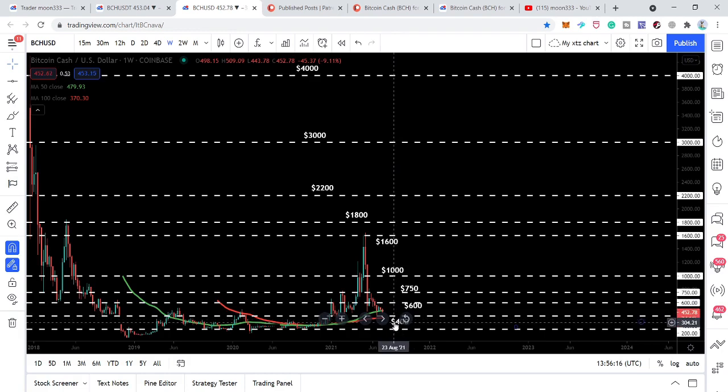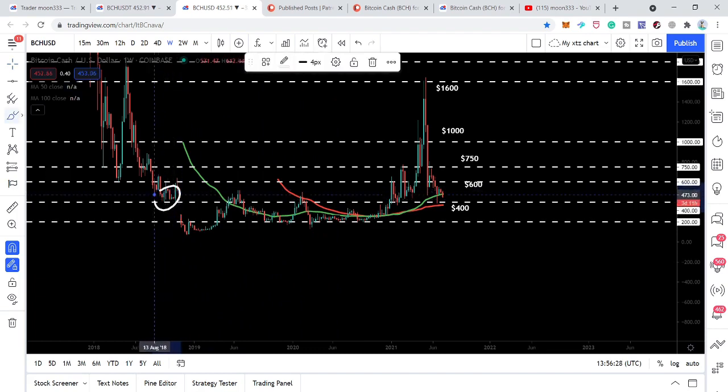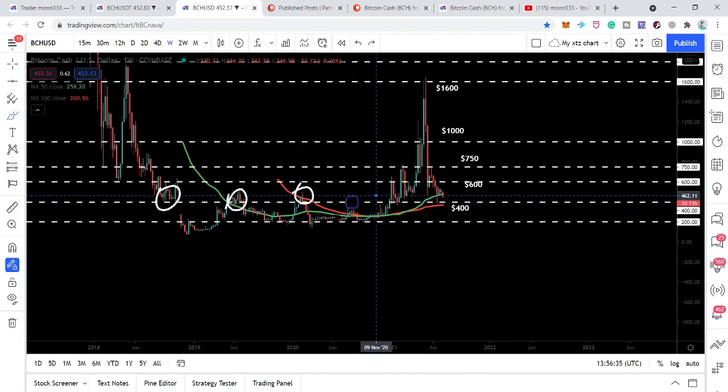This $400 support is very important because previously it has been acting as a strong resistance here, and as a support here. After this, it acted as a resistance here and here and here as well, and now the price action is using it as a support.